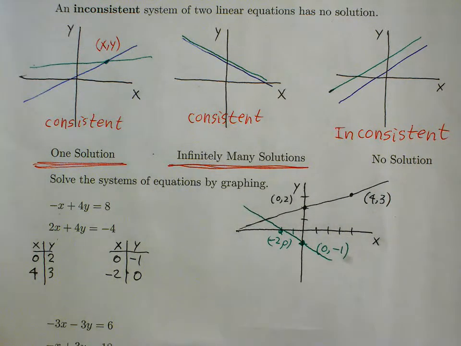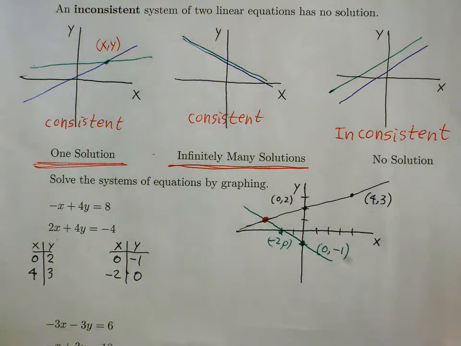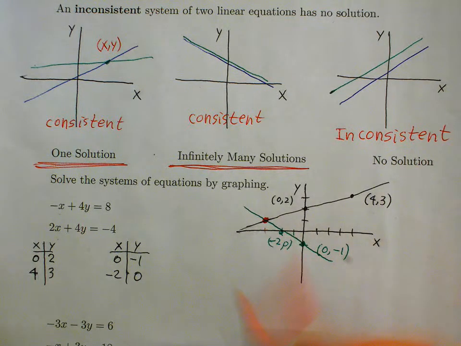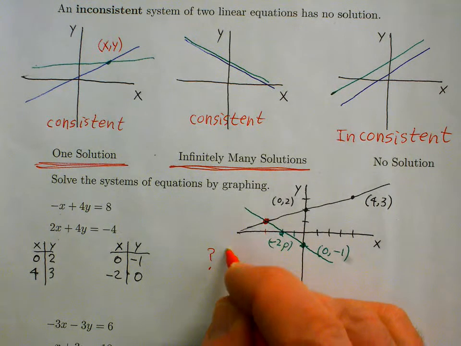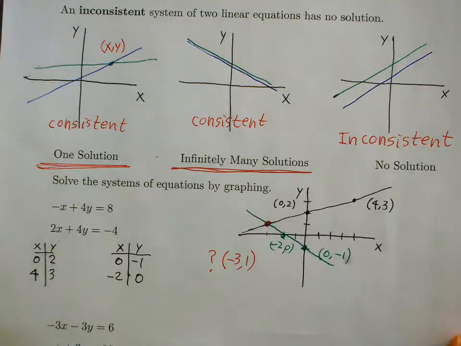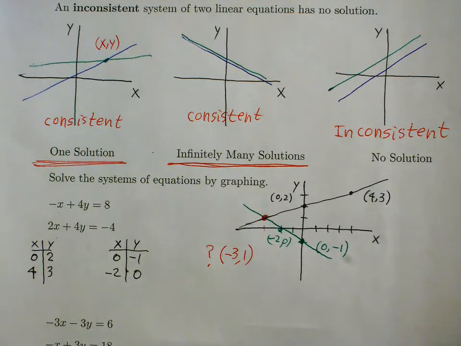So what do you think the solution is? The solution is the point where the two lines intersect. Well, if my graph is reasonably accurate, it looks like it could be -3, 1. And we can test it.